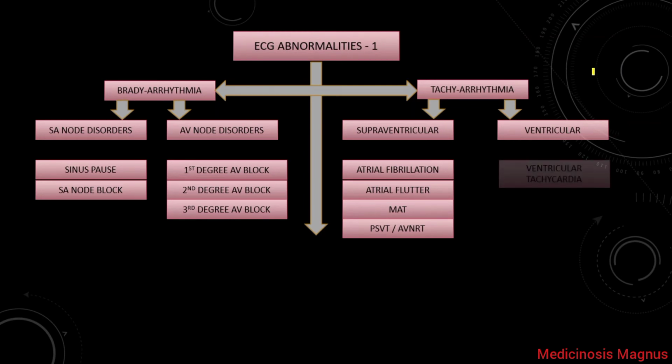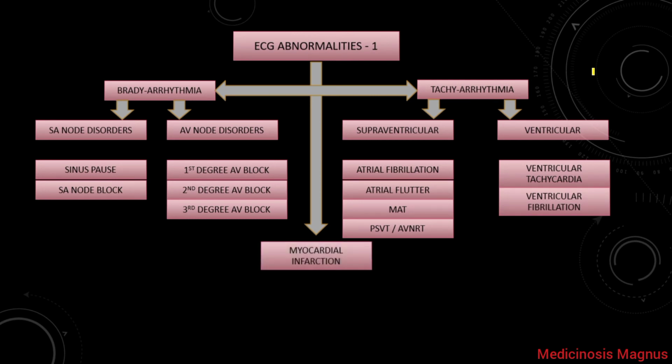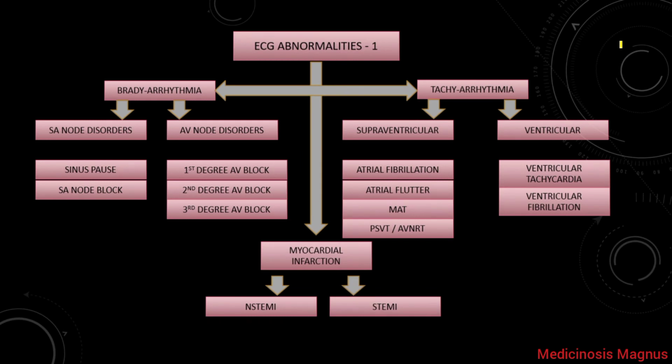In ventricular abnormalities we will see about the ventricular tachycardia and ventricular fibrillation. Then in the part 1 we will also see about the myocardial infarction findings, about the NSTEMI and the STEMI. So for all these I have given the classical case presentation, the ECG findings and the treatment.